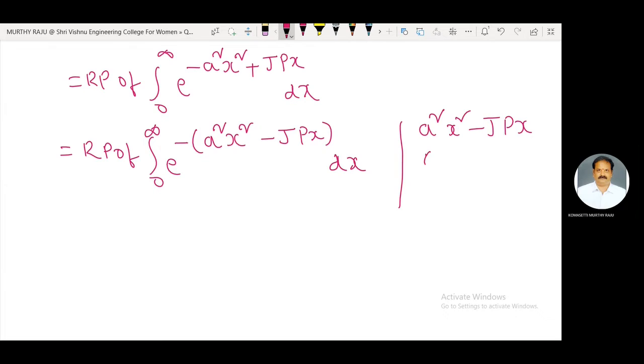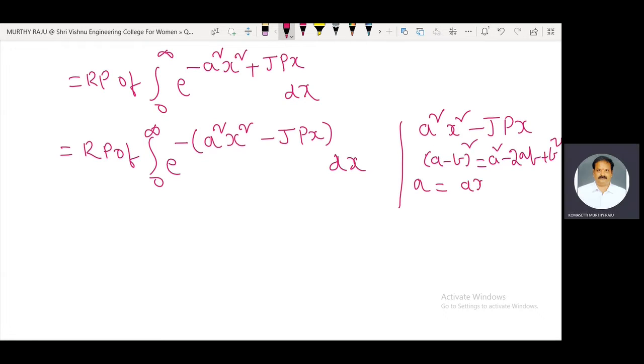Here a minus b whole square is equal to a square minus 2ab plus b square. Here a is equal to ax. Therefore, now this is transformed into ax whole square minus 2 term is not there, so numerator and denominator are multiplied with 2.